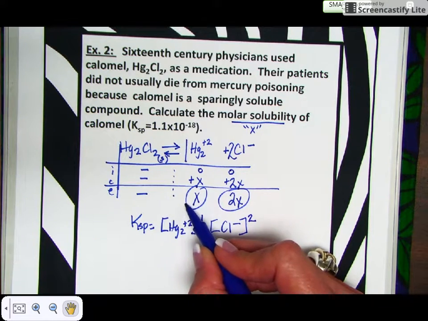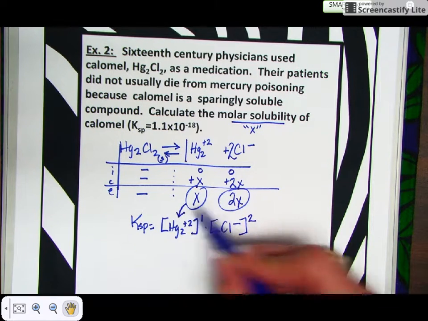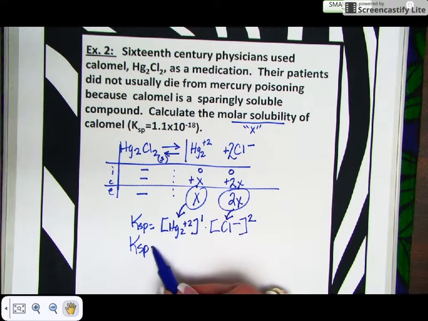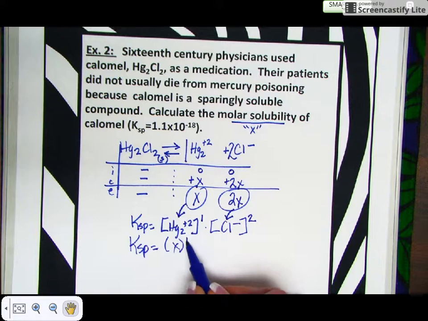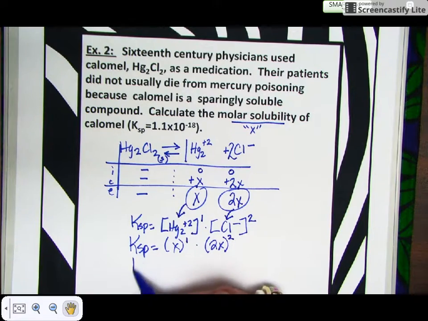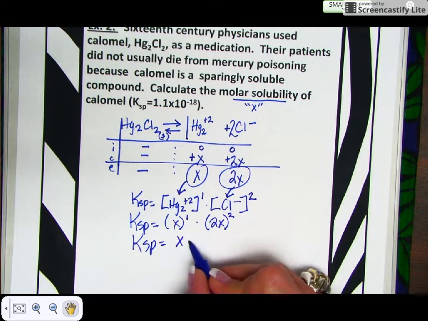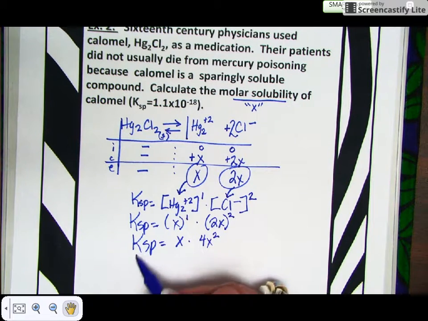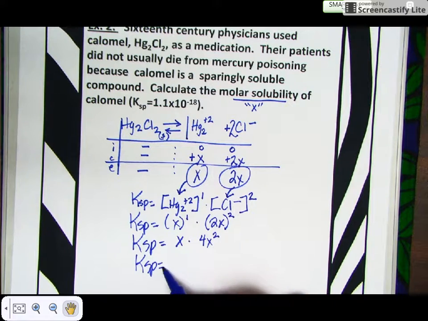The mercury ion concentration is represented by x and the chloride by 2x. So Ksp is equal to x to the first times 2x squared. Let's simplify this. Ksp equals x times 4x squared, and Ksp is equal to 4x cubed.